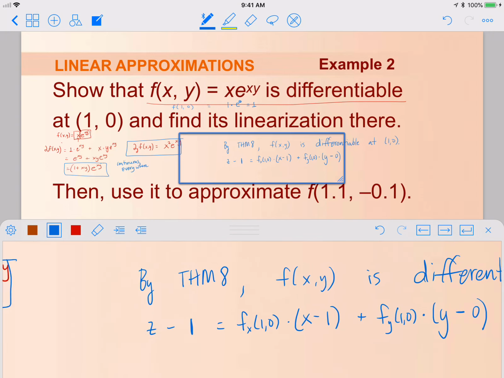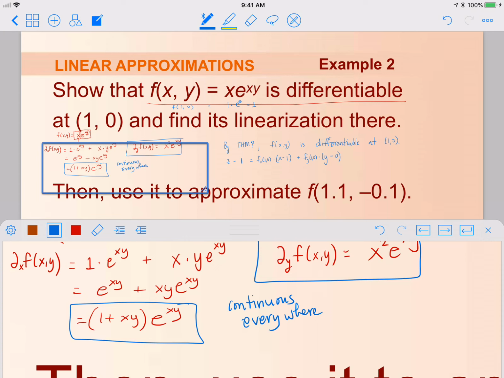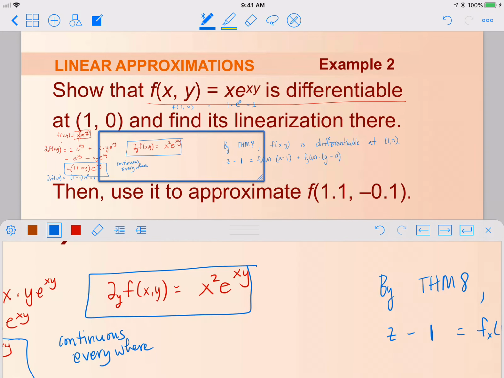And now I need the partial with respect to x at 1 comma 0, which is going to be 1 plus 0 times e to the 0, so that's going to be 1. And I'm also going to need the partial of f with respect to y at 1 comma 0.